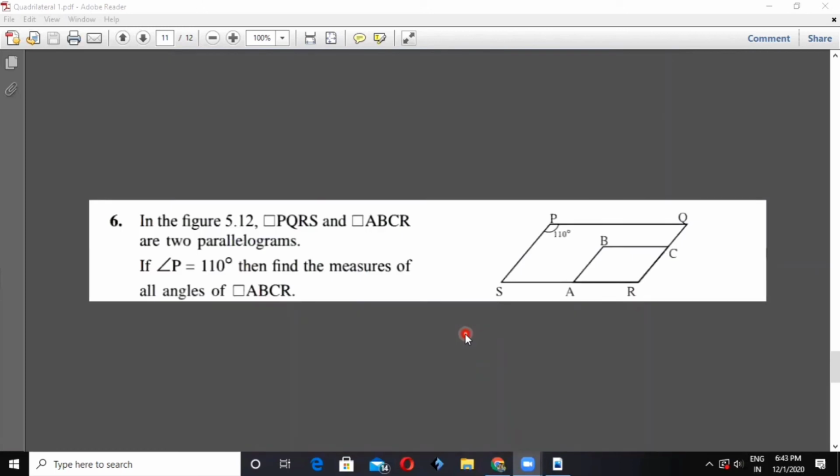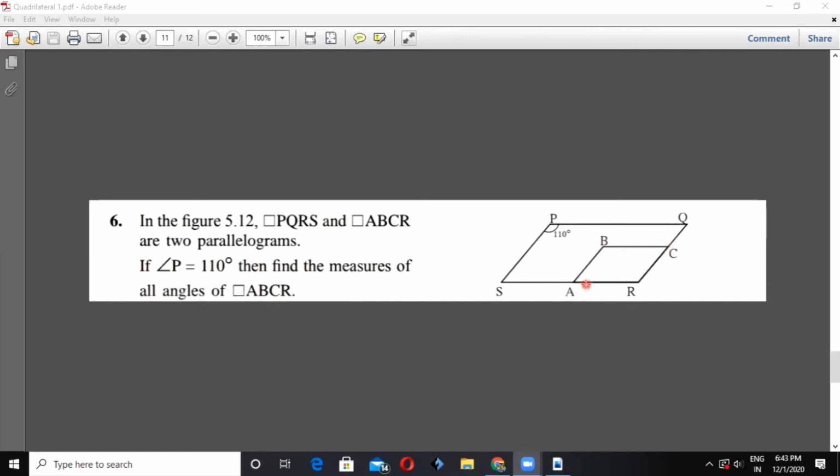Sixth question is, diagram is given over here, and in this diagram, it's given that quadrilateral PQRS and quadrilateral ABCR both are parallelograms. If measure of angle P is 110, which is given, then find the measures of all angles of quadrilateral ABCR.